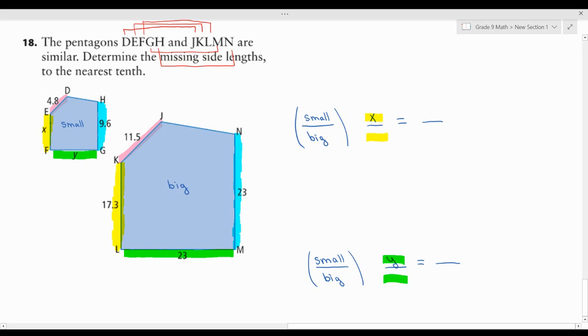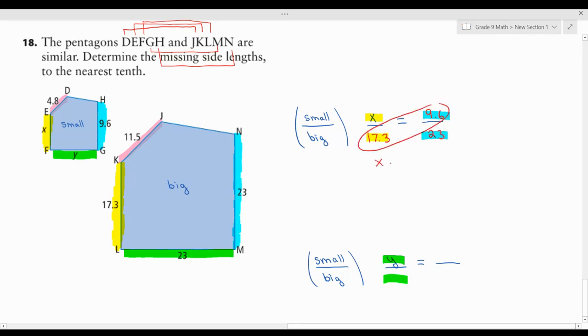I'm going to start with the X. If I want to solve for X, I highlighted it in yellow. So I'm comparing X to 17.3. Then I can't use the green because I don't know what Y is, but I could use the blue or I could use the pink. It doesn't matter. For this one, I'll use the blue. I'm going to compare the 9.6 from the small to the 23 from the big.